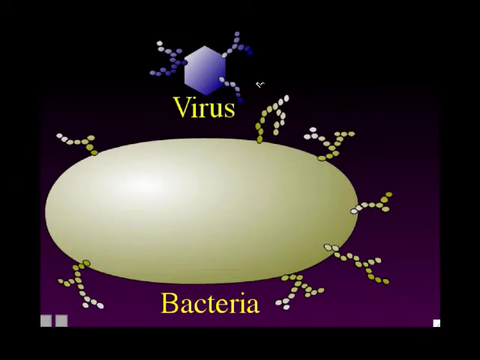So here's what this is about. All cells, whether it's your own cells or a bacteria cell or a virus, have these molecules on their surface. That's just part of the natural structure of cells, that they have surface molecules. So things like proteins and carbohydrates and lipids on the surface of the cell are the cell's antigens.